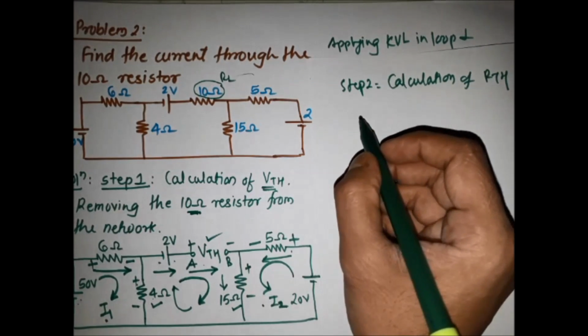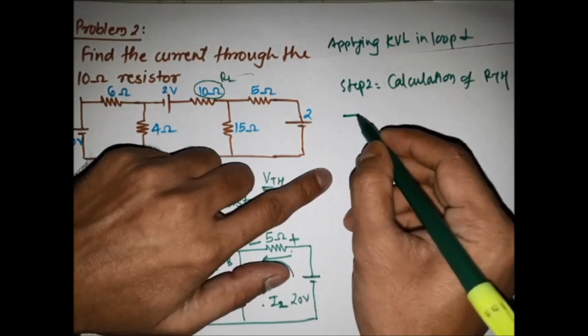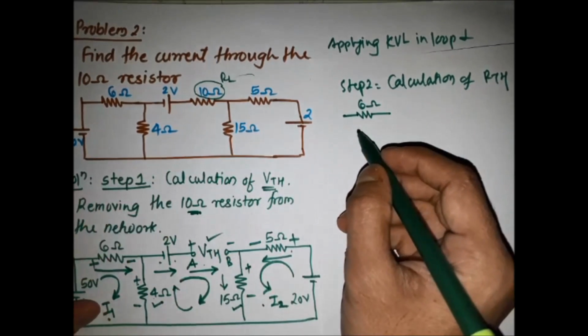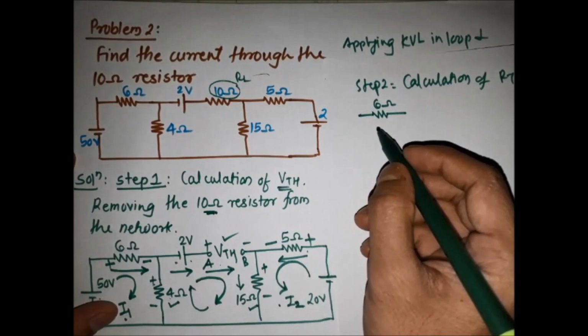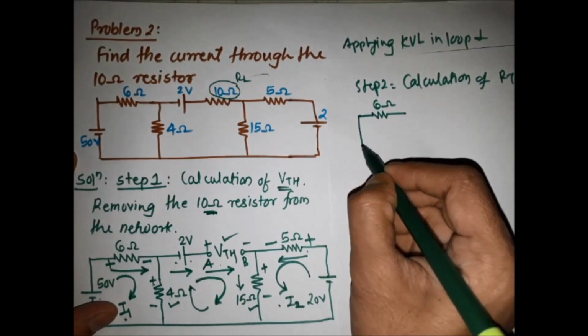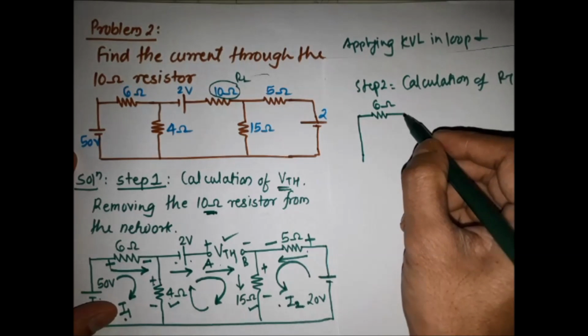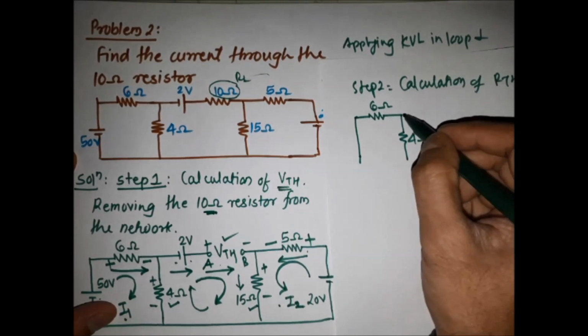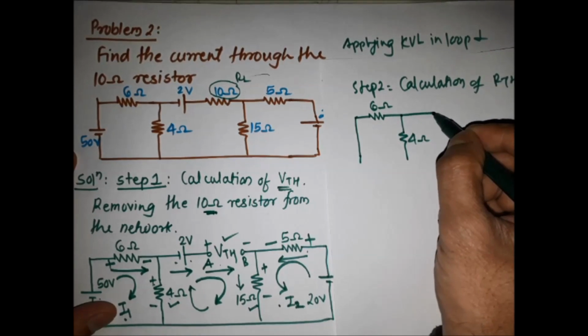See here, this is the 6 ohm resistor as it is, then the 50 volt source, which we are short circuiting, then this is the 4 ohm resistor as it is, then the 2 volt source is short circuited.